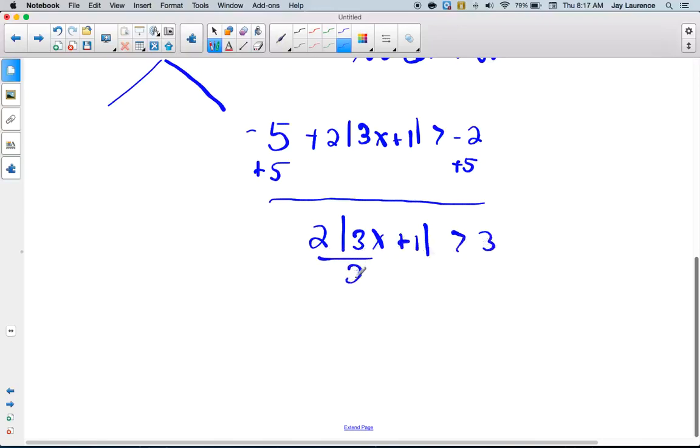And then I divide by 2, get the absolute value of 3x plus 1 is greater than 1.5. Well, that doesn't bother me, you see. Whereas here, this -2 was bothering me, but once I did some algebra, it wasn't really a negative over there.